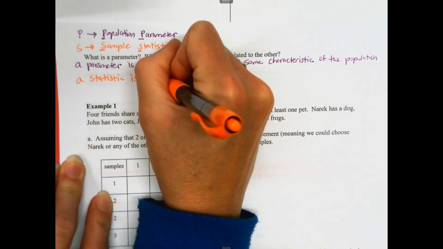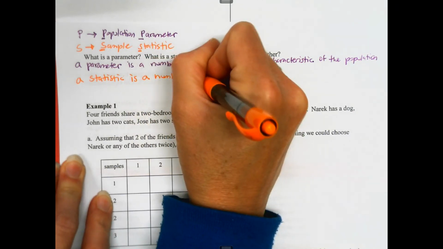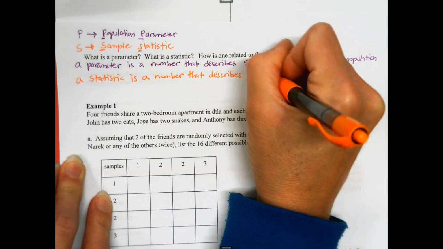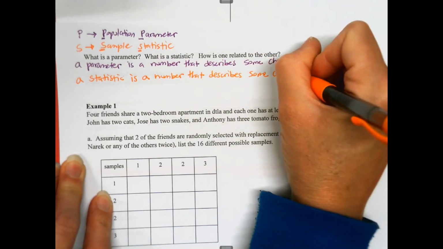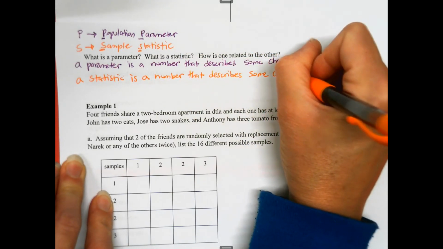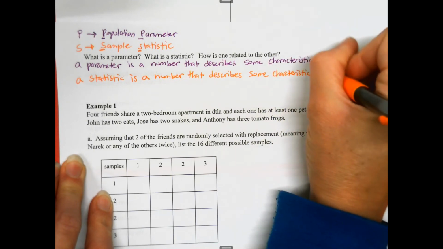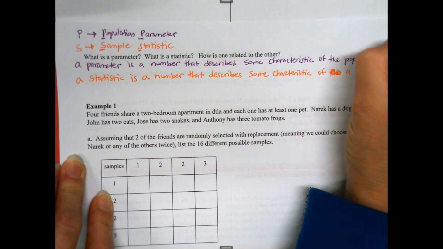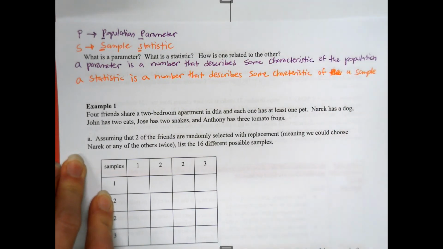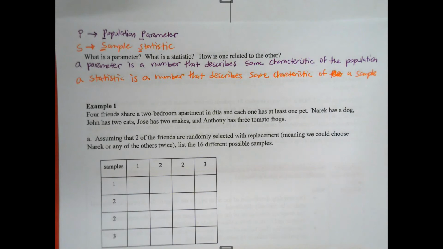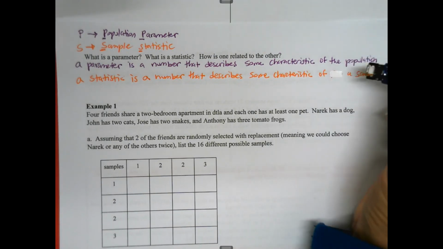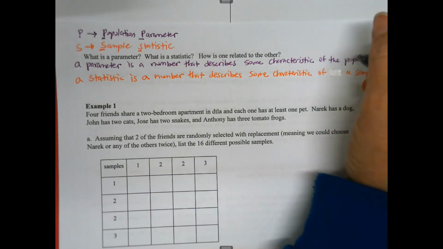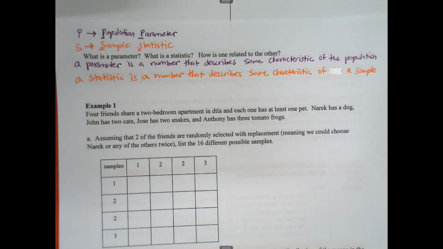It's a number that describes some characteristic of, in this case, a sample. So just remember, parameters always describe populations, and statistics always describe samples.